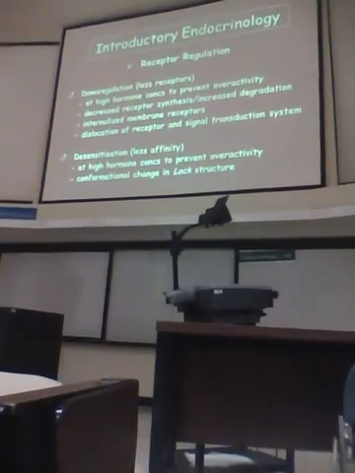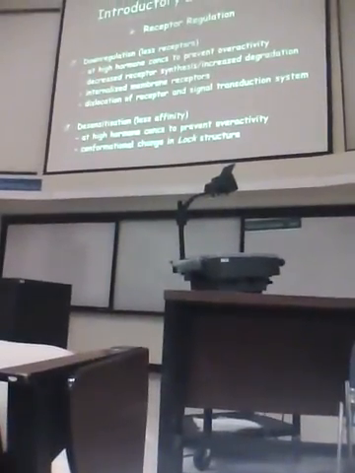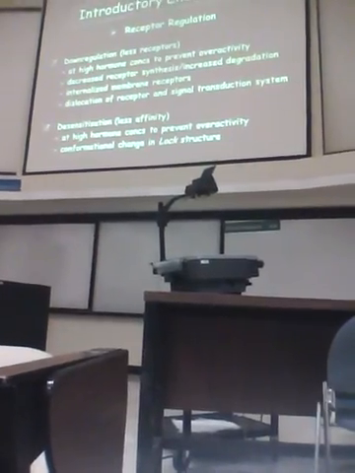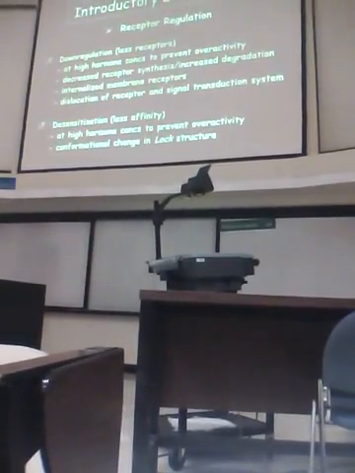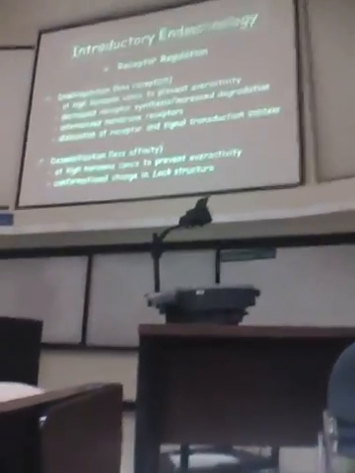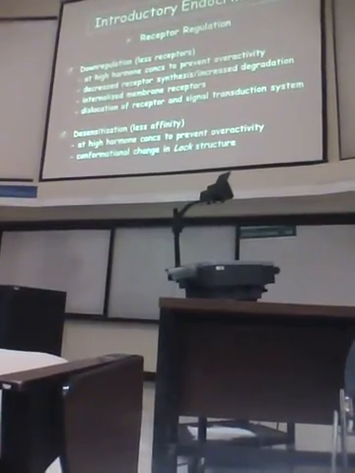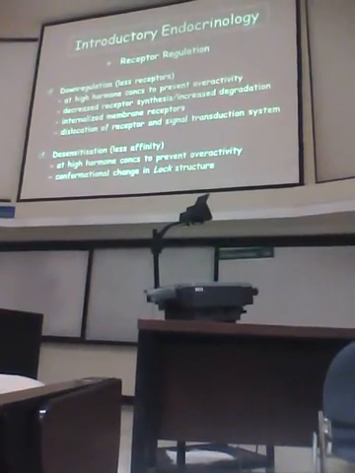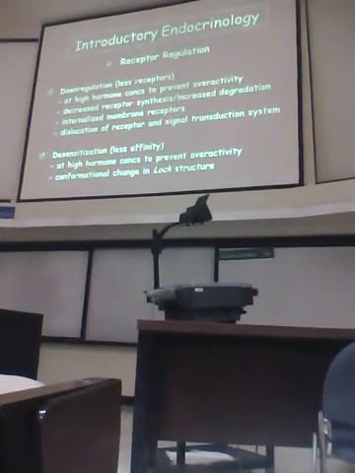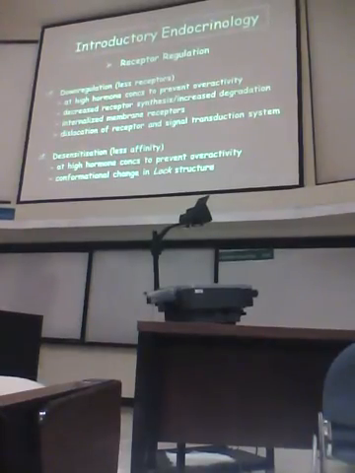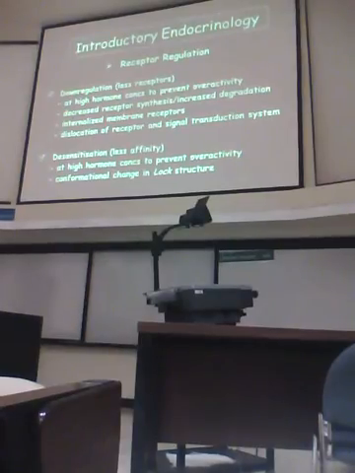Finally, I just want to say a few words about receptor regulation, because all receptors are proteins, so they're all being synthesized or degraded, and the rate of synthesis and degradation can alter the rate of receptor regulation. So downregulation is when fewer receptors are present, and this usually occurs at high concentrations of the hormone, and the reason it occurs is to prevent overactivity in the cell.